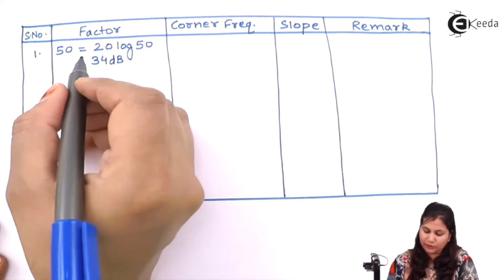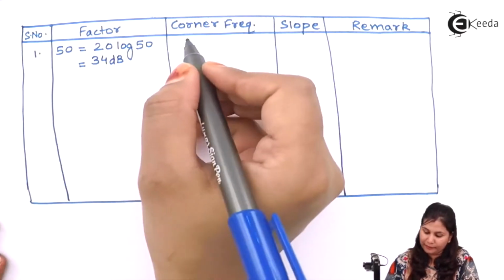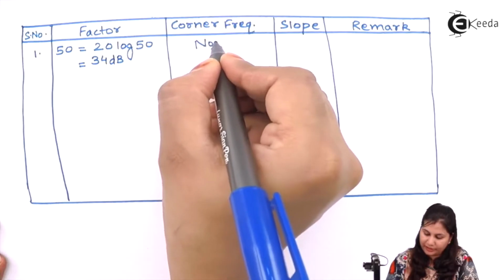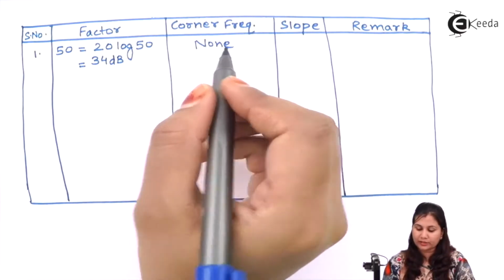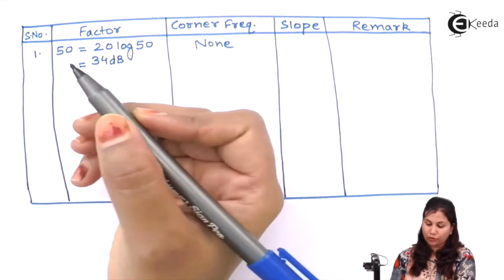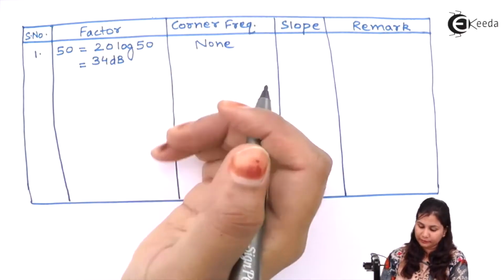Corner frequency associated with this factor will be 0. So here we will write none, because the constant term will have no corner frequency with it.